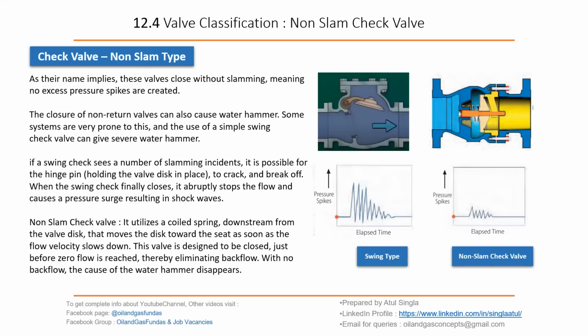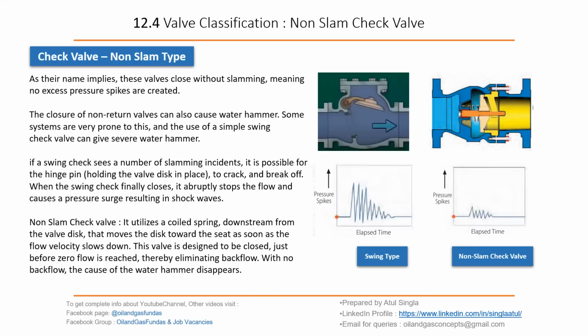As the flow velocity slows down, it slowly comes back, and the spring helps bring it back to the closed position. This valve is designed to be closed just before zero flow is reached. When zero flow is reached, it slowly closes and brings it to the closed position, thereby eliminating backflow. With no backflow, the cause of water hammer disappears.